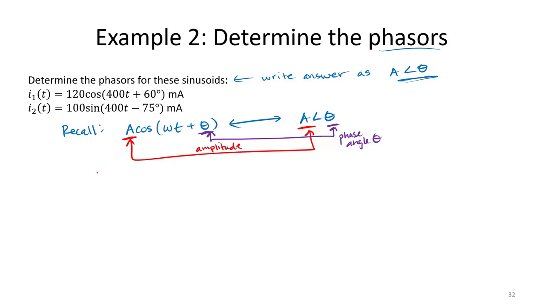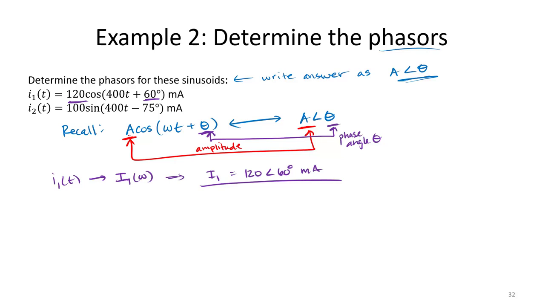So notice for I1 of t, it's actually a very quick conversion. If we want to convert that to a function of frequency, we can basically say that I1 is going to be equal to our amplitude A, which is 120, and our phase angle is 60 degrees.